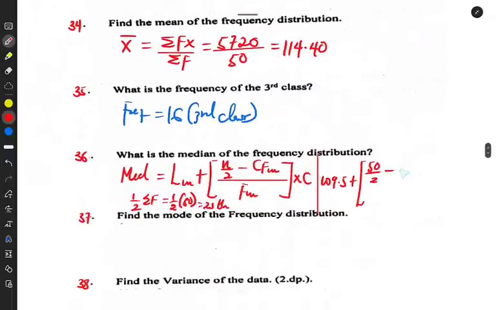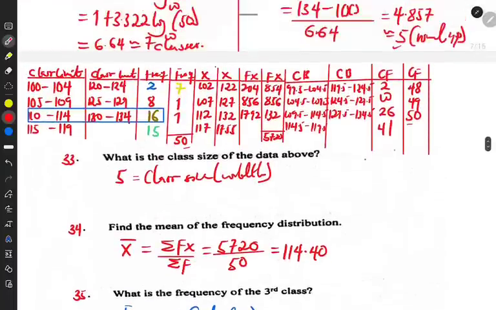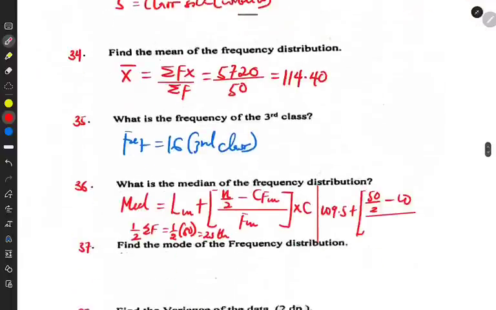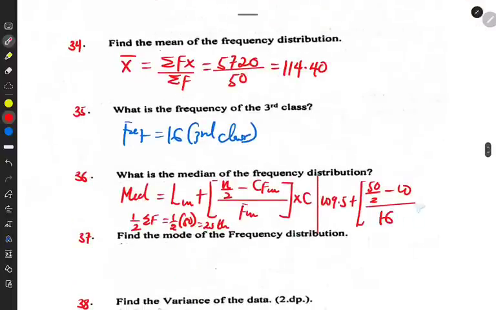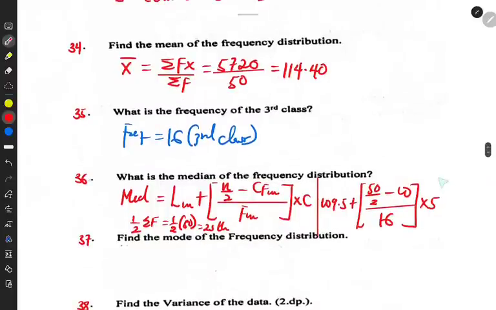So we'll have here 10, and then divide all by the frequency of the median class, which is 16. So we'll bring the 16 here, and then multiply all by the class size of 5. As usual, you can punch them within that line.